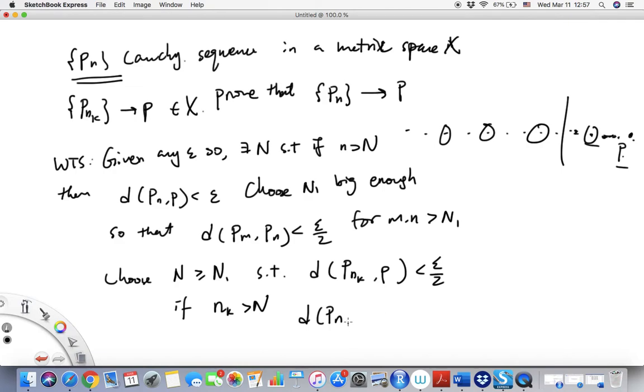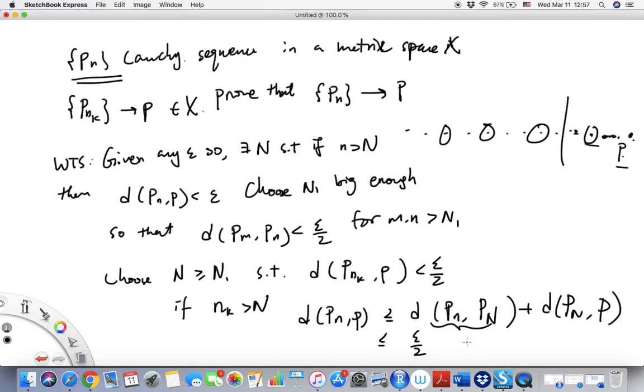The distance between Pn and P is less than or equal to the distance between Pn and P_nk plus the distance between P_nk and P. So this first term is less than epsilon over 2, because n is greater than n1.